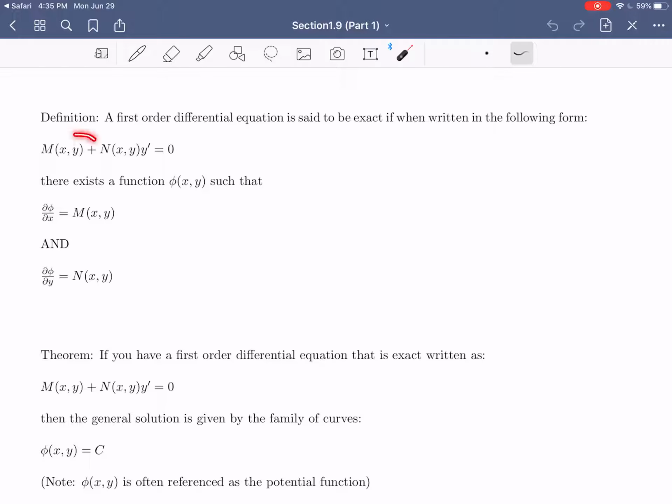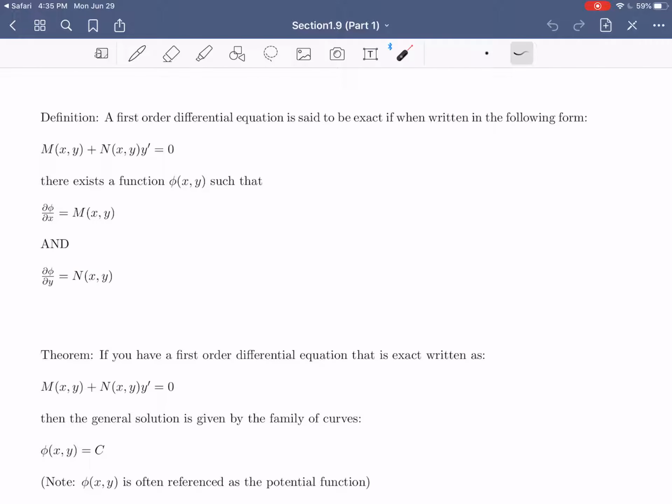All right, so if we have that first-order format, then we say that it's exact if there exists a function phi of x, y. You will often hear phi of x, y referred to as a potential function, such that the partial of phi with respect to x is equal to M of x, y, and the partial with respect to y of this phi function is equal to N of x, y.